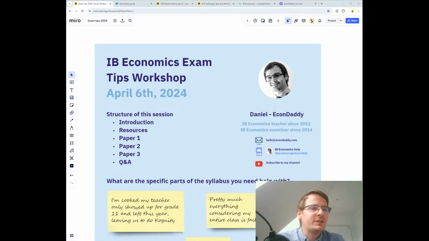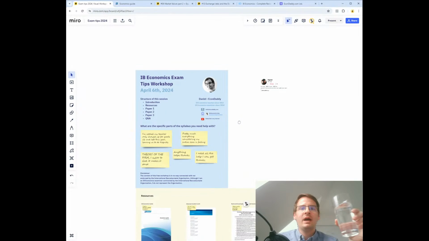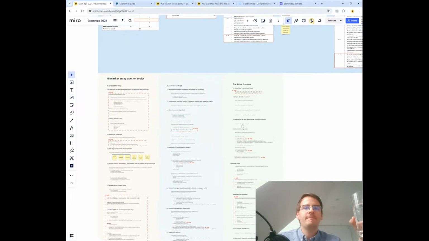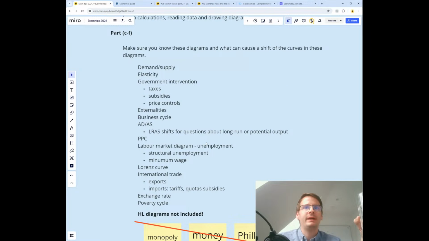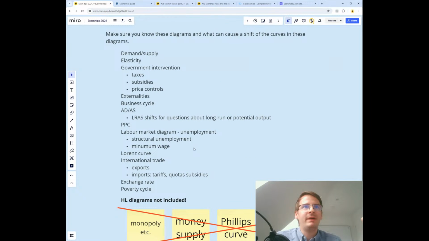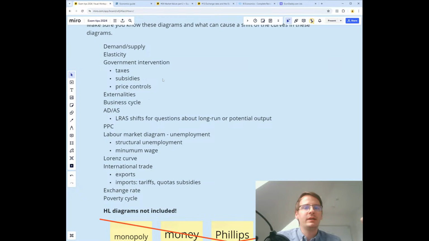Okay. So first question, are there specified diagrams for paper 2? Well, if you paid attention, I was showing you those. Let me just show it again. To the best of my knowledge, these are the diagrams that could be coming up in paper 2.